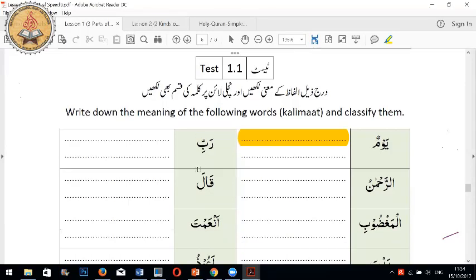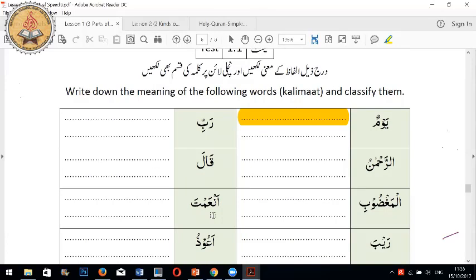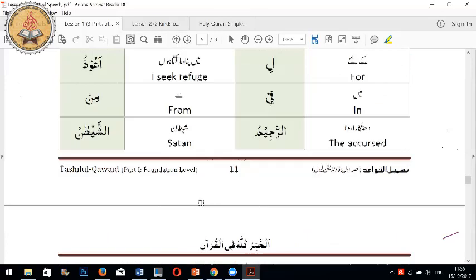Similarly, ar-Rahman, Rabbi, and qala. Qala, if you know the translation, because it has been dealt with in 1.4, you would say, oh, qala means he said. Definitely this is a verb, not a noun, not a harf. Al-maghdub. An'amta, you blessed, meaning Allah Ta'ala.